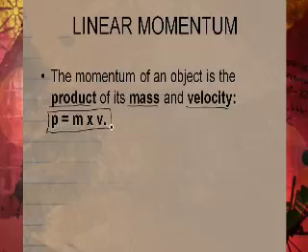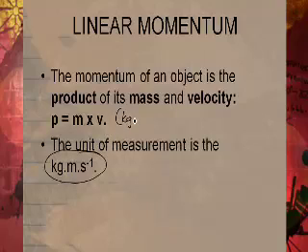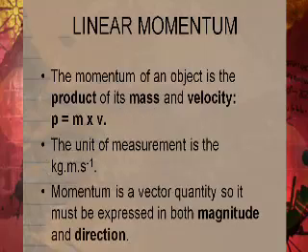This is your mathematical definition of momentum. The unit of measurement for momentum is kilogram meters per second, following from the fact that momentum is mass in kilograms times velocity in meters per second. You multiply that together, and you get kilograms meters per second.